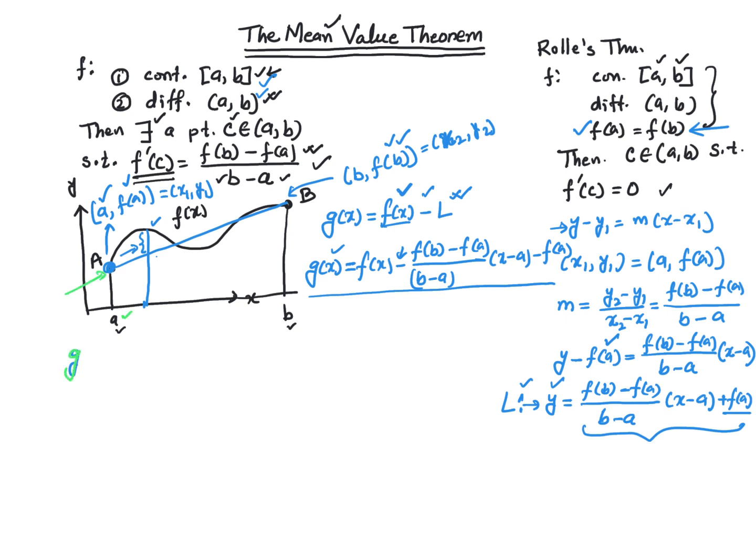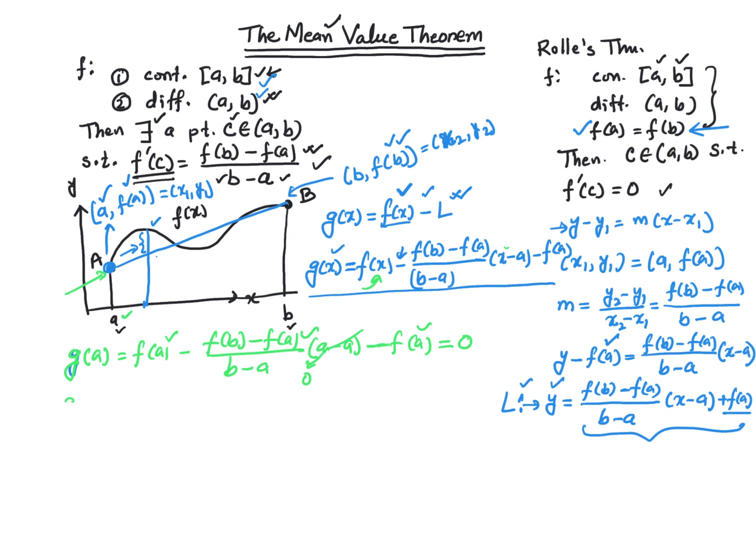So g(a) is going to be f(a), I'm just plugging in the value of a for x, minus (f(b) minus f(a)) divided by (b minus a), times (a minus a), minus f(a). This becomes 0, right? So the whole term disappears. Then you have f(a) minus f(a), which is going to be equal to 0.